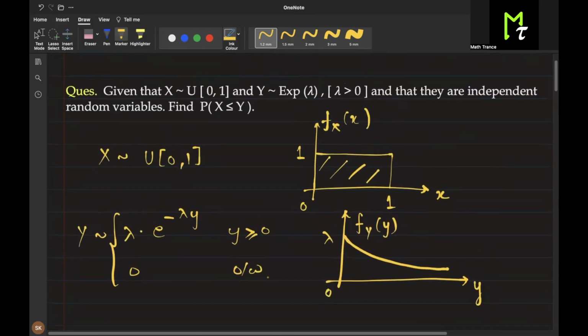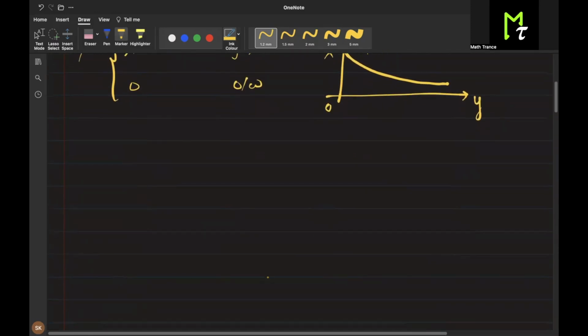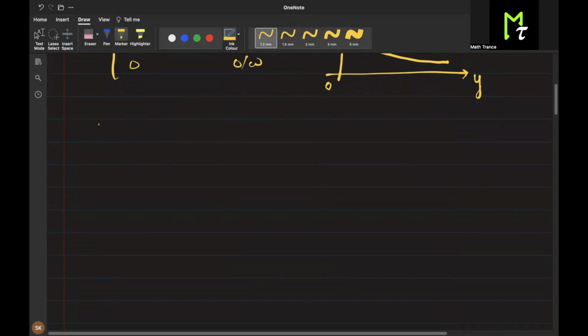So in order to solve this question, first of all, we'll find f of xy.